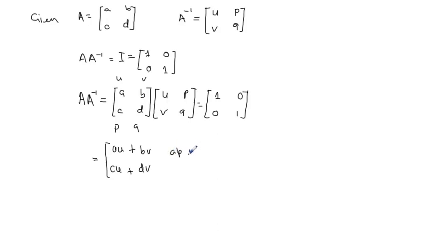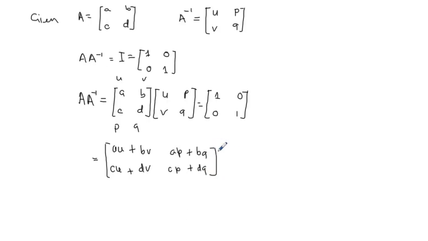And then we close here and have [1, 0; 0, 1]. That's clear so far, isn't it?